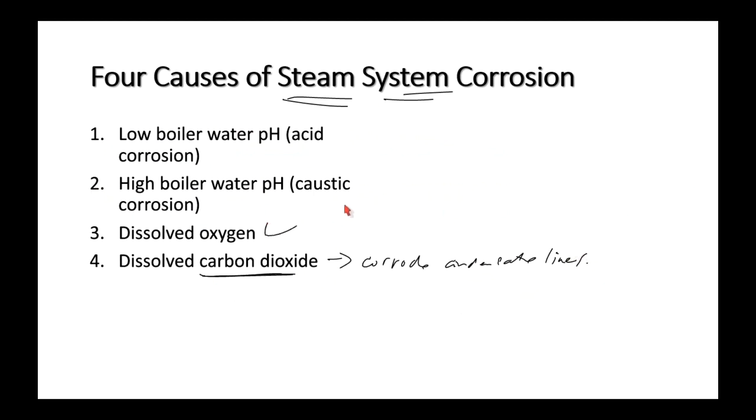Whereas, of course, we know what dissolved oxygen is going to do. We know what high pH is going to do. We know what low pH is going to do because we've already studied this in the corrosion chapter. And so if you go back to the corrosion chapter, there's a section specifically on boiler corrosion, so that's a good thing to review.